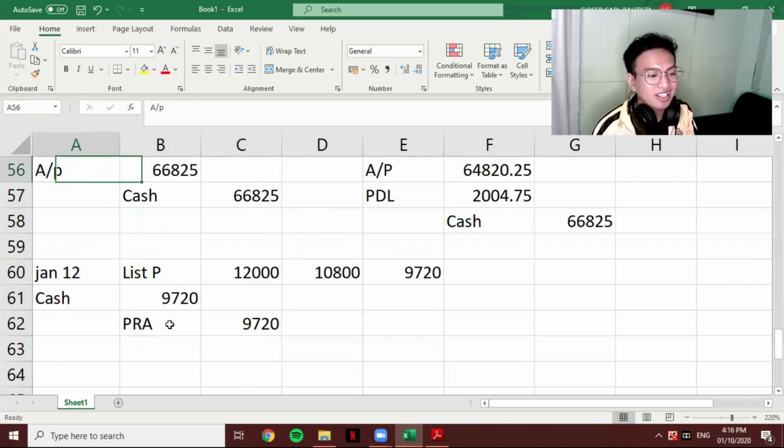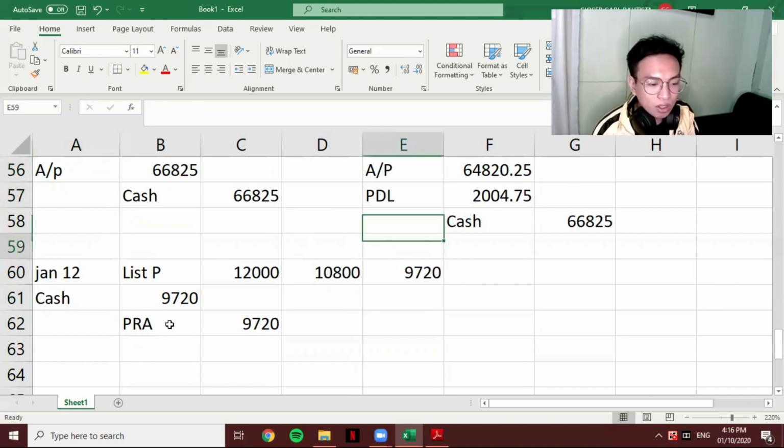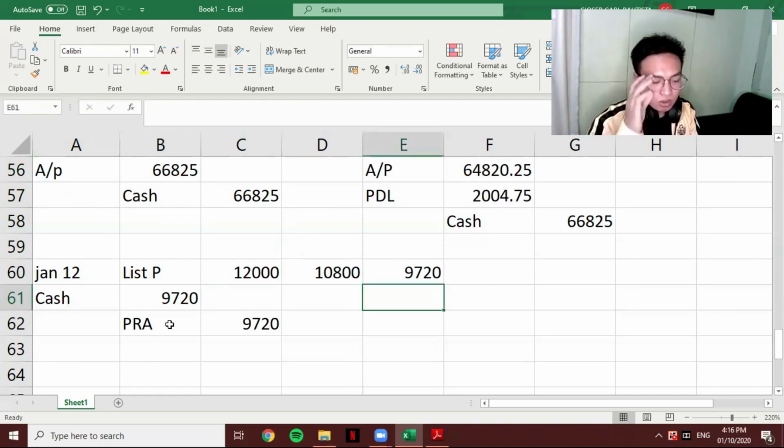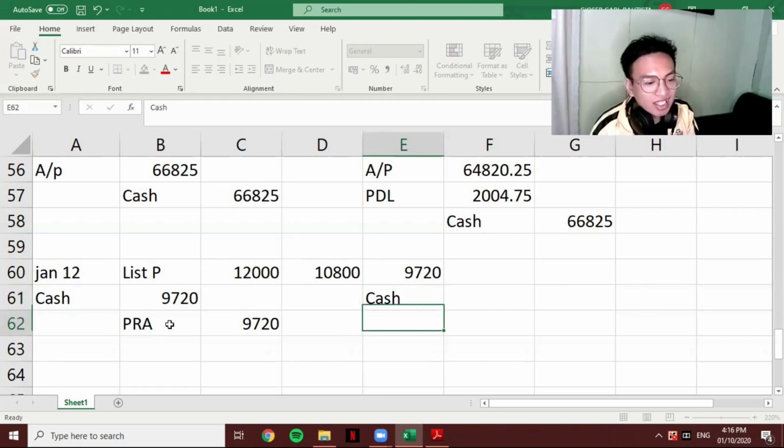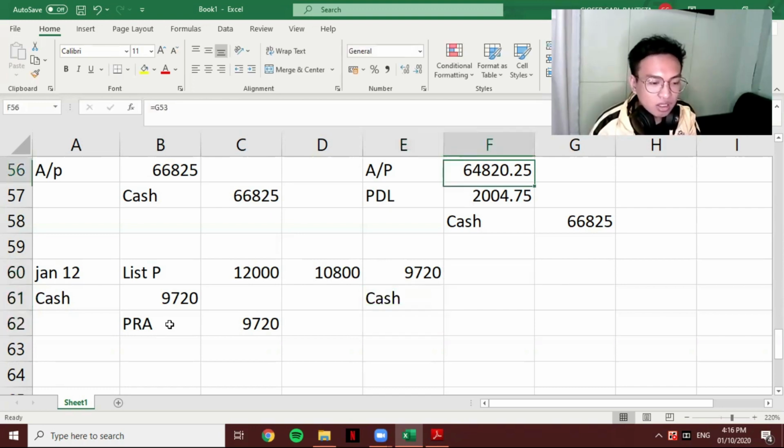'Di ba? Yan. And in your net method, hindi ito cash na 9,720 rin. No? Bakit? Kasi nga, it is your purchase here ay deducted with purchase discount na even though makuha mo siya or hindi.